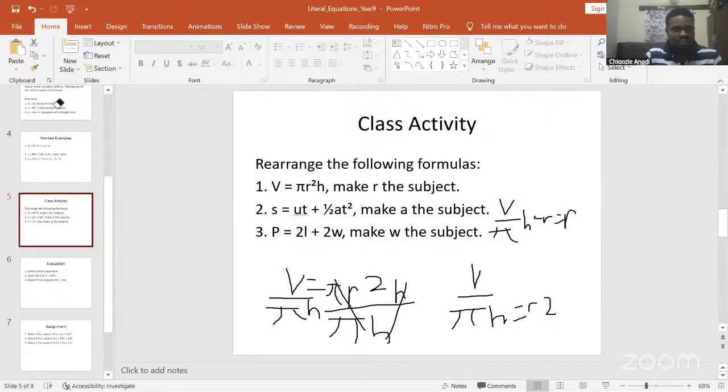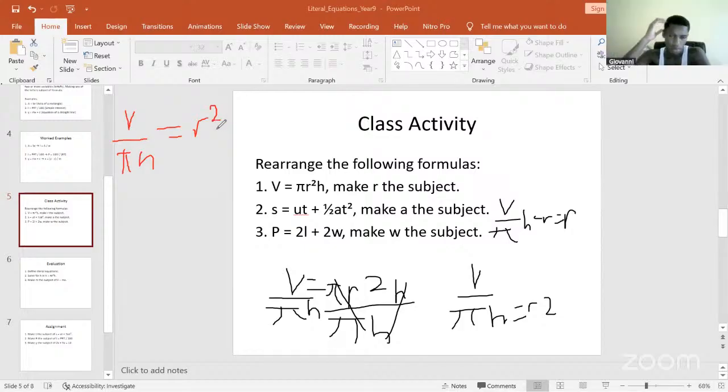You've already gone halfway by saying that v all over pi h is equal to r squared, or r raised to the power of 2.